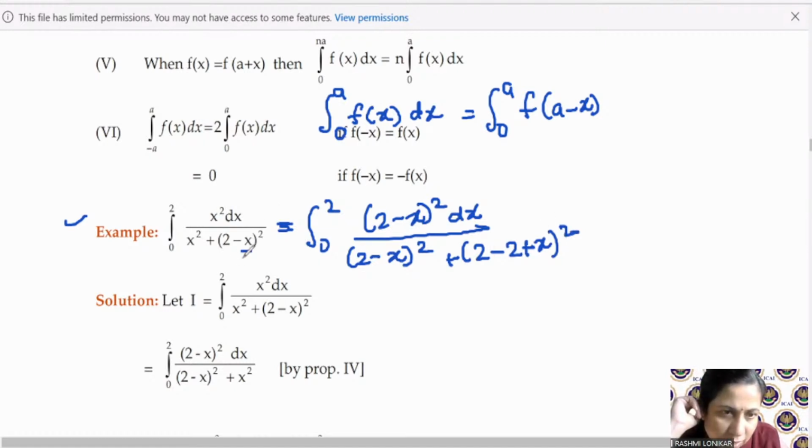Minus into plus will be minus, minus into minus will be plus. So this plus sign is very important.